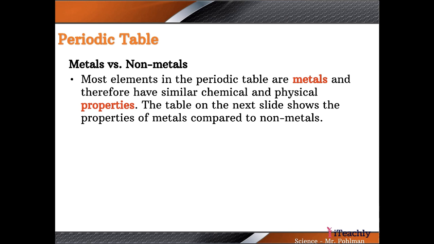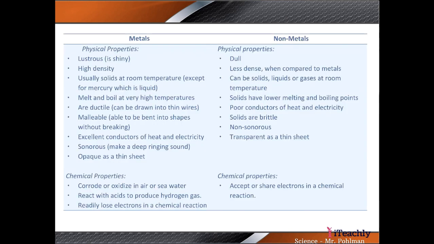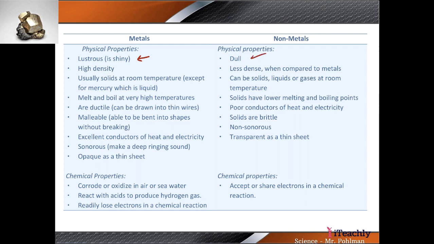Nonmetals are more of a dull, vitreous color. They don't conduct electricity well. So what you will find is that metals versus nonmetals have opposite properties. If you have a metal, it's nice and shiny, and if you have a nonmetal, it's dull or vitreous in color.